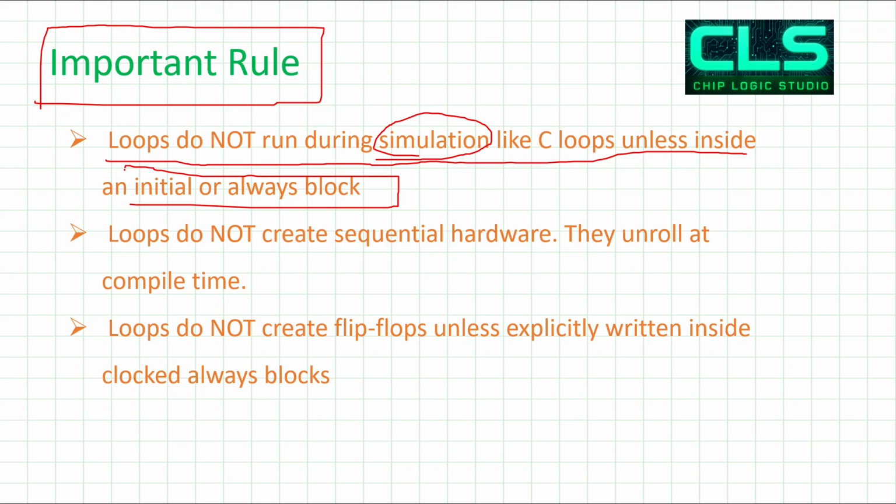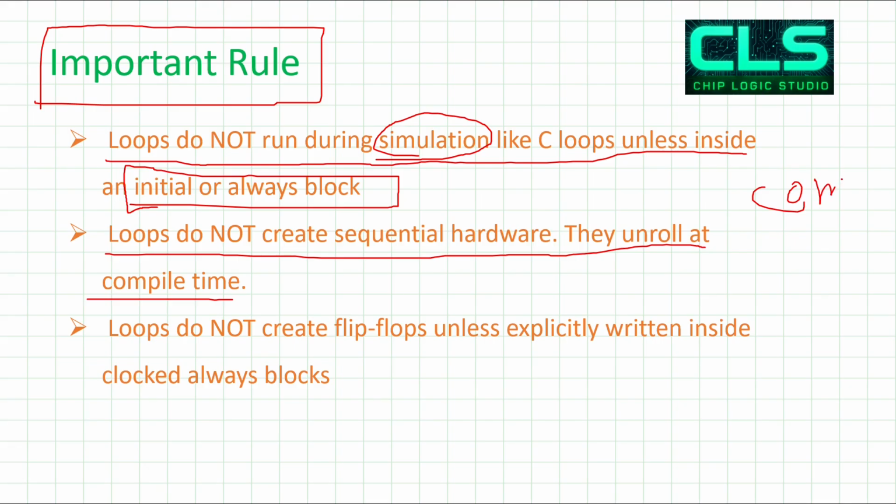As I have said previously, an initial or always block will be there, and loops do not create sequential hardware. They unroll at compile time. So there is compile time, then the extraction phase, and then the simulation phase. This process is going on inside your compiler, or you can say your software.